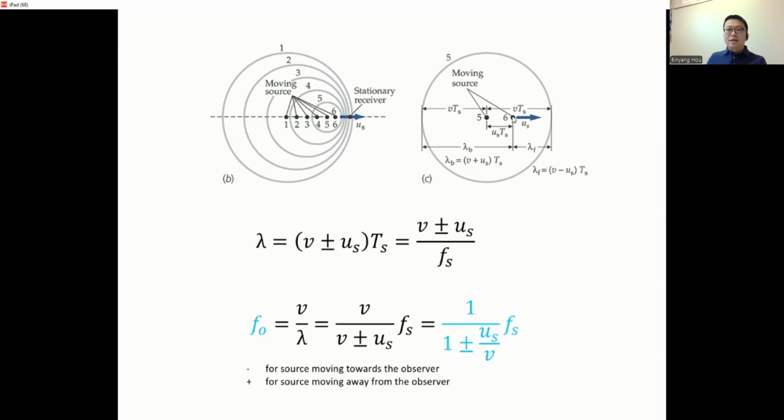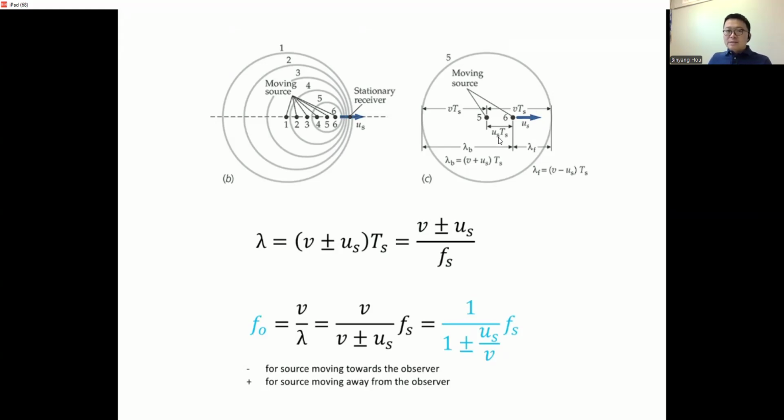If the observer is standing over here, the first time it hears one wave peak, and the second time will be by this one, but it will be closer. This second peak now has to travel a shorter distance. From the observer's point of view, the wavelength becomes smaller by the distance traveled by the first wave peak minus the distance traveled by the source, where u sub s is the speed of the source.